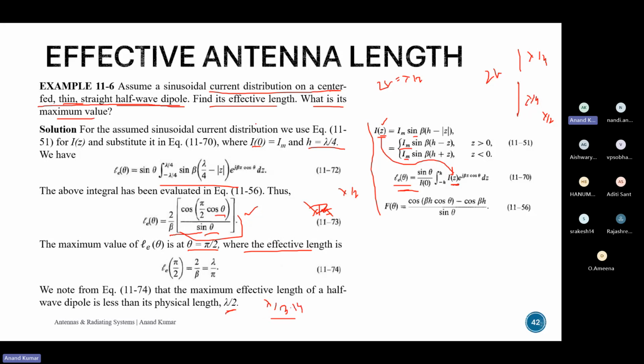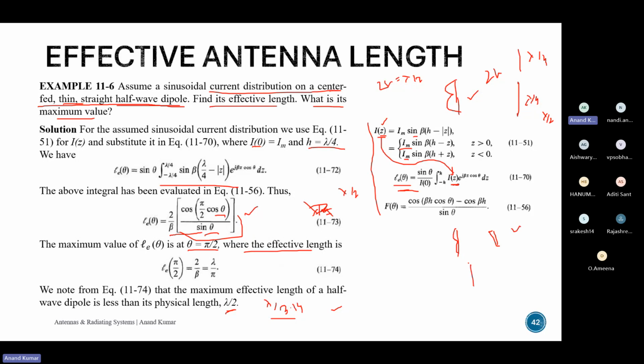So due to the sinusoidal current distribution on the half-wave dipole, its effective length is not even half the wavelength. It's lambda upon pi. This is what I was trying to say: based on the current distribution on the antenna, the effective length could be different, because the effective length considers that the current distribution is equal along the dimension, and this is for dipole antennas.